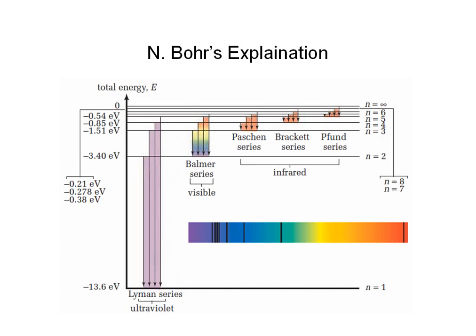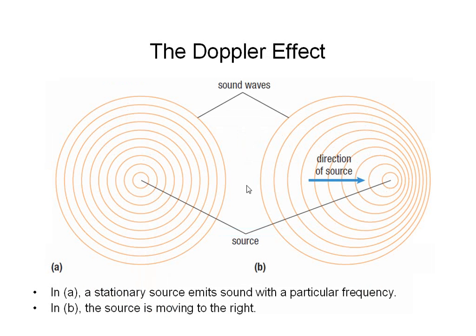Okay, so now we come to our second topic, the Doppler effect. This is about waves. So this is the wave source. For example, if you are dipping on a very quiet lake, for example, this is a basin of water, or a lake of water, and you are dipping this center.